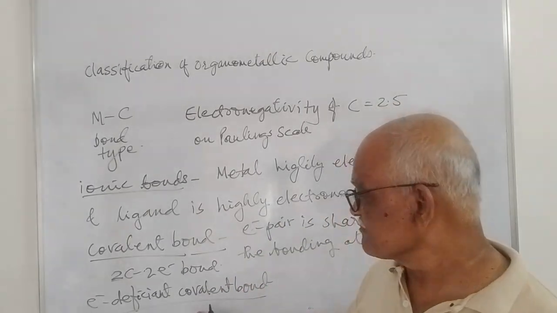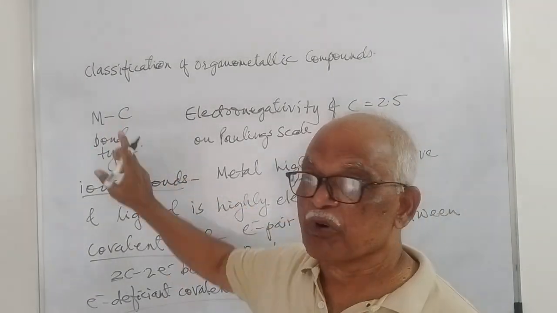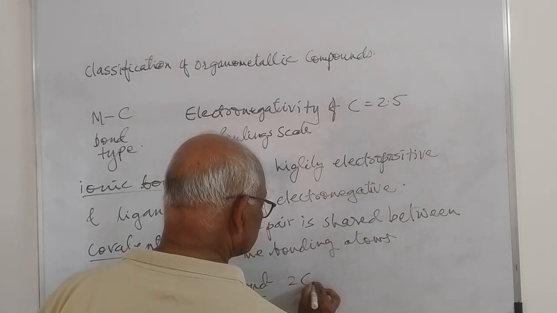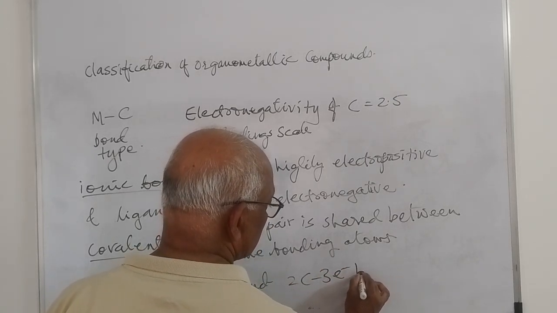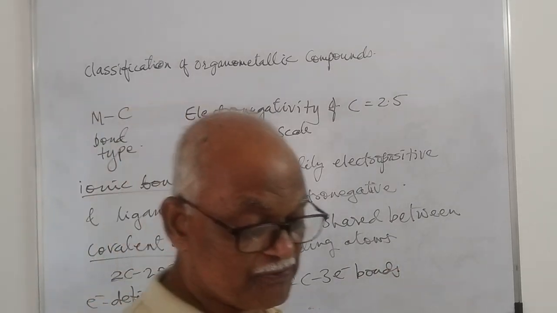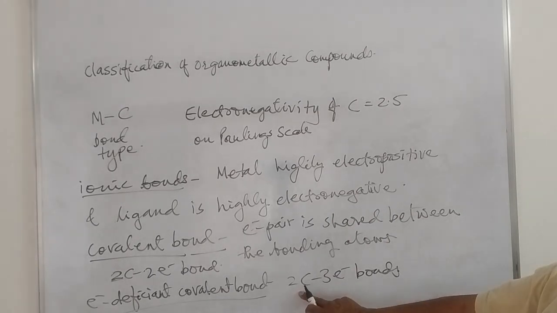In that case the metal shows electron deficient bonds such as two-center, three-electron bonds, or multi-center bonds. Instead of two centers, it may be three centers or four centers.